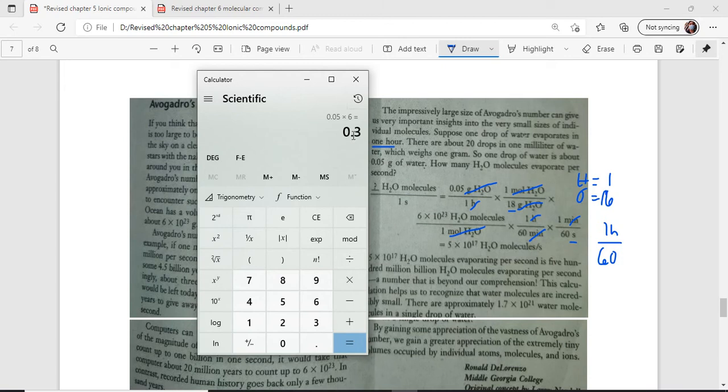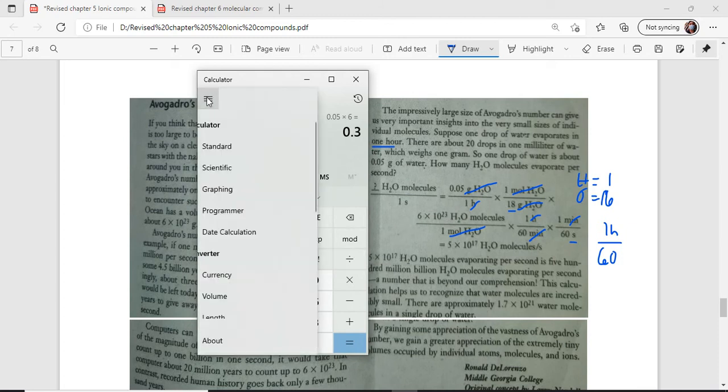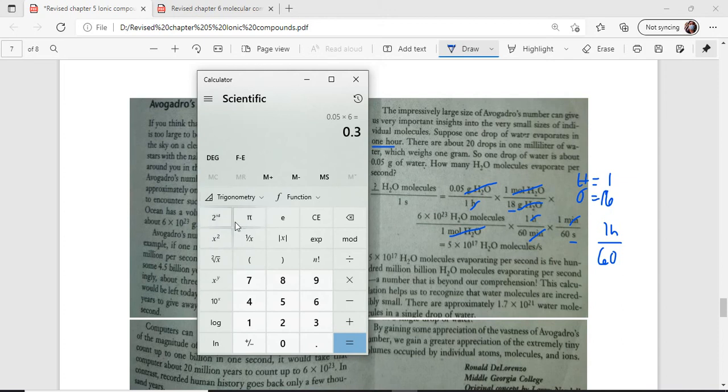Since it is a small number and it still has an exponent, you need to use the exponent function of our calculator. Okay, 0.05 times, you have your 6 times 10 exponent.